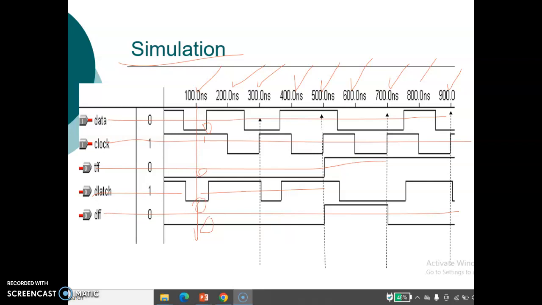According to this, in 200 nanoseconds and 300, 400, 500, 600, 700 nanoseconds, and at 800 nanoseconds available here like this. 900 nanoseconds available like this.